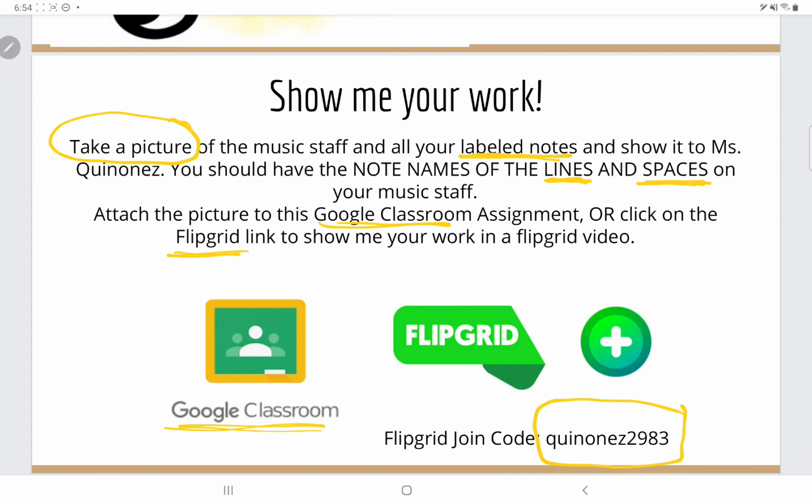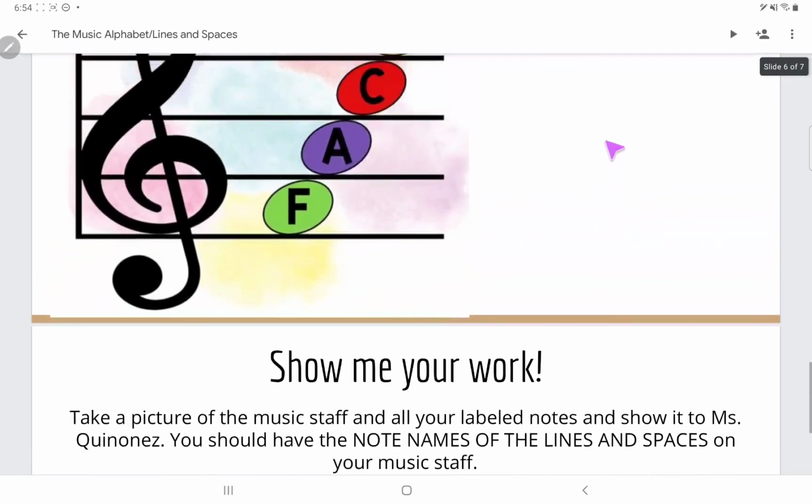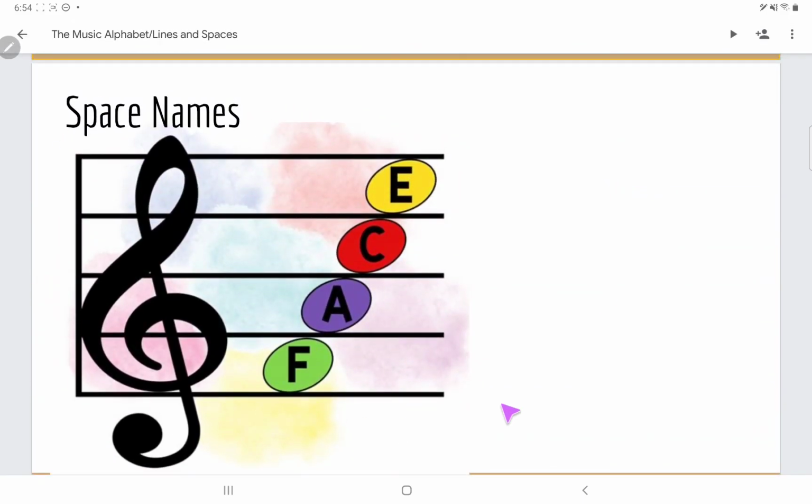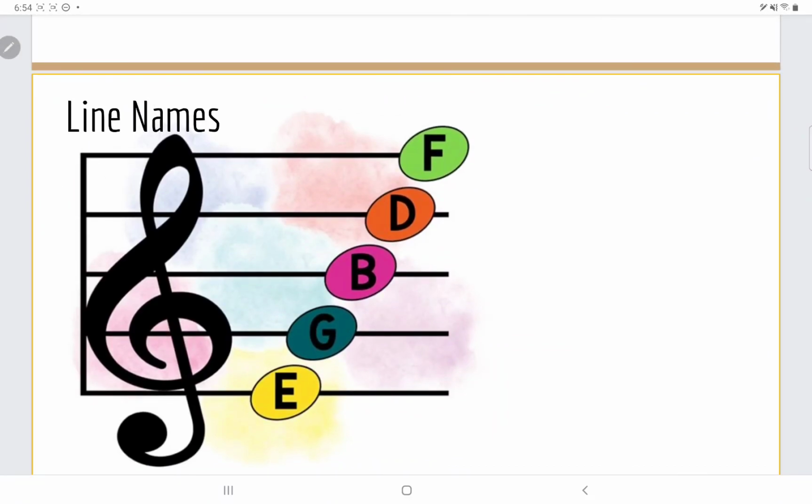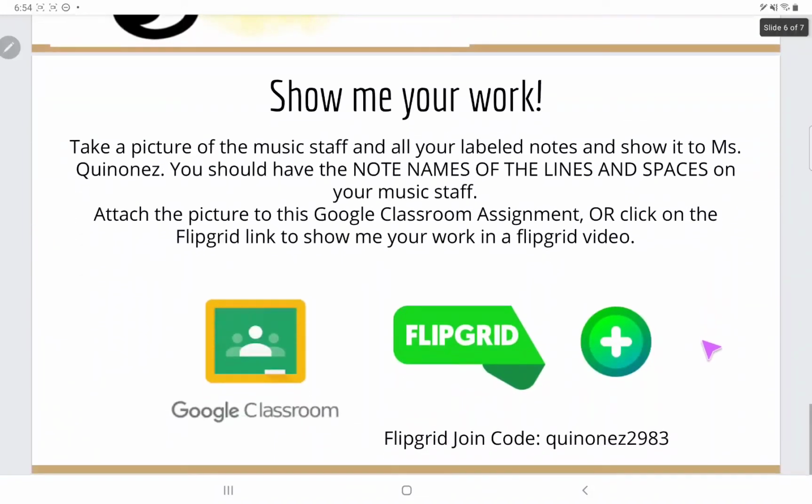Make sure that your notes are looking pretty close to this slide of space names and also this slide of line names. Remember, you can go back into the video, scholars, and work with me again.